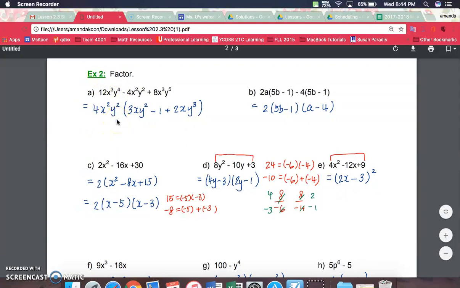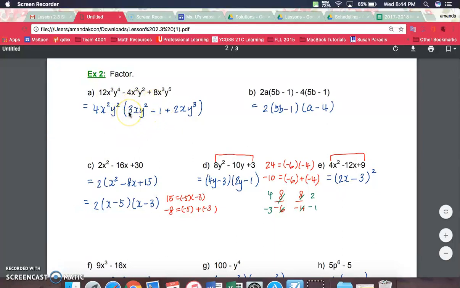Now how do we determine the rest of the terms in factoring? What you will do is take each term and divide that term by your greatest common factor. So divide 12x cubed y to the power of 4 by 4x squared y squared. You will get 3x y squared.